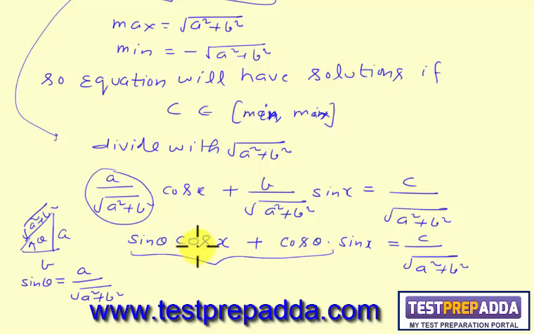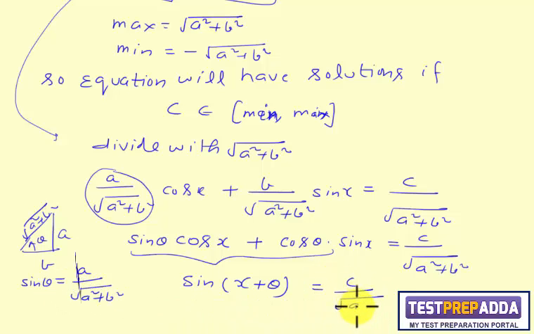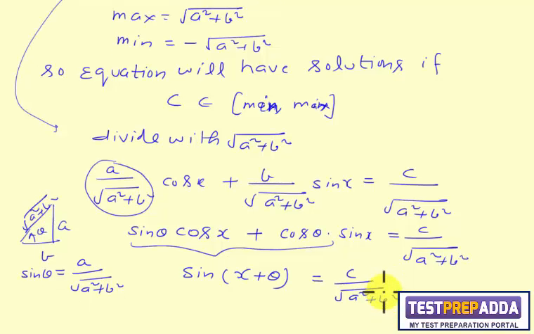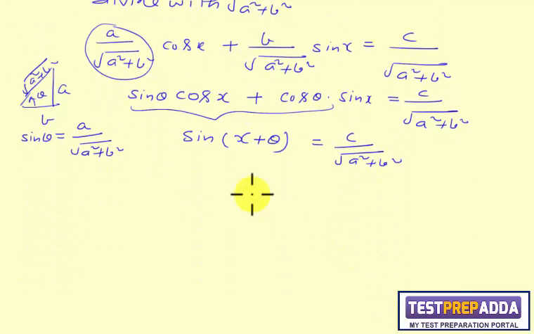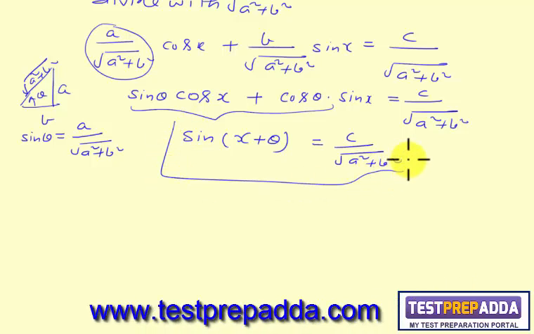Now what is this? Sin a cos b plus cos a sin b is nothing but sin of a plus b. So I can write this as sin of x plus theta is equal to c upon root a square plus b square. Now this is the standard trigonometric equation which can be solved easily.